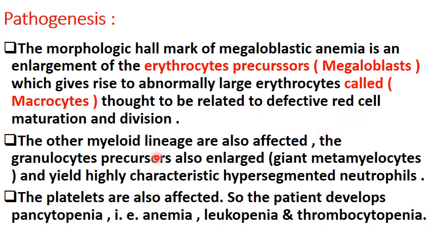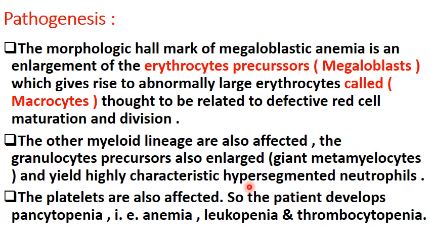The other myeloid lineages are also affected, because vitamin B12 affects DNA synthesis. So it is not only the erythroid lineage that is affected, but also the myeloid lineage and the platelets. The granulocyte precursors are enlarged and appear as giant metamyelocytes, which yield highly characteristic hypersegmented neutrophils.